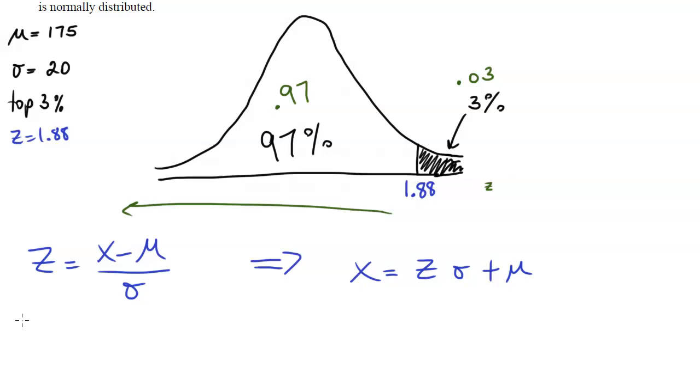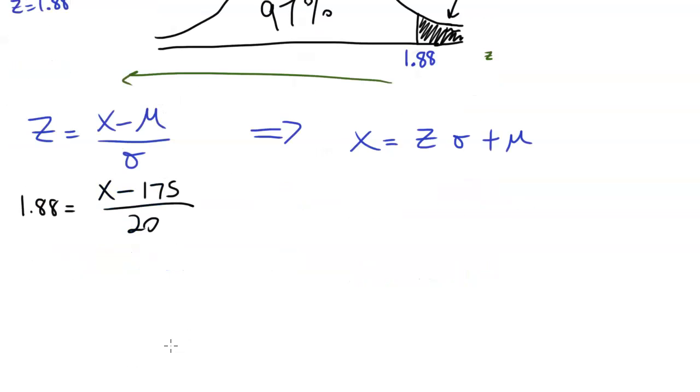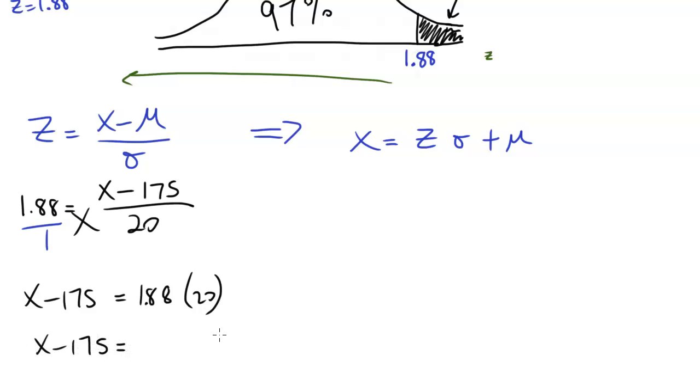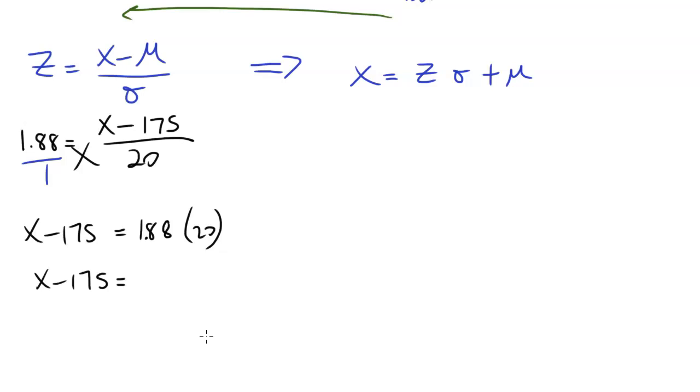So if I'm using this formula, 1.88, that's my z value, equals x minus 175 divided by 20. Okay, and I'm solving for x. So I'm just going to cross multiply and get it over with that way. So cross multiply, so x minus 175 times 1 equals 1.88 times 20.